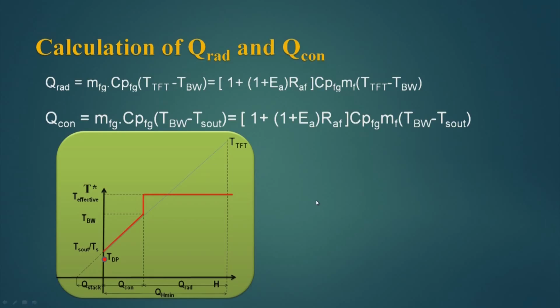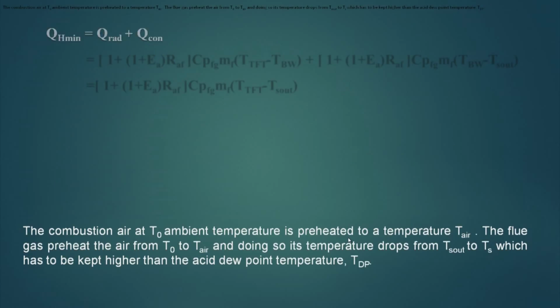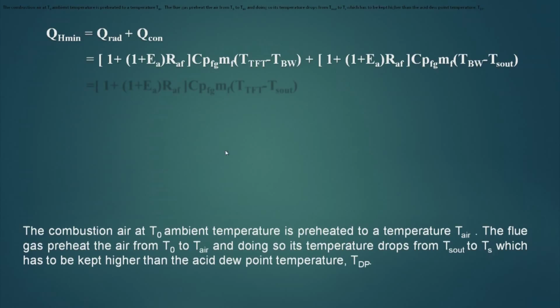So, we can calculate this, and T S out is the temperature of the flue gas leaving the convection section. Now, Q h minimum is equal to Q radiation plus Q convection, and we can develop an expression for that. So, this is the value for Q h minimum.